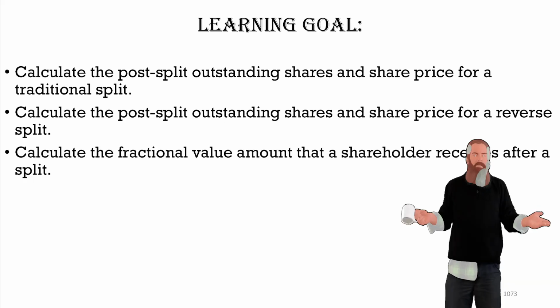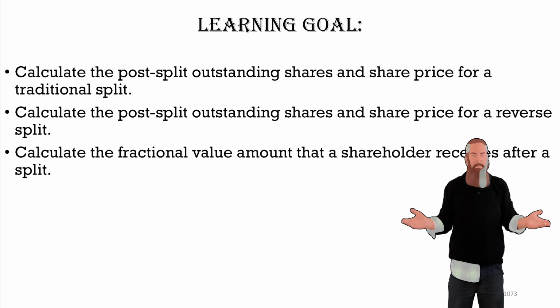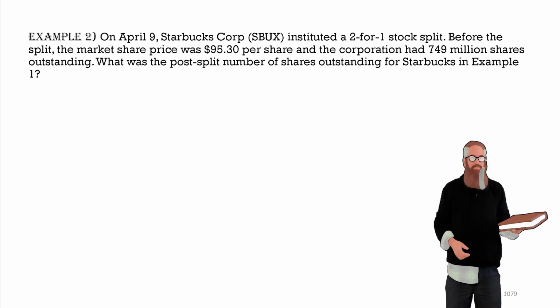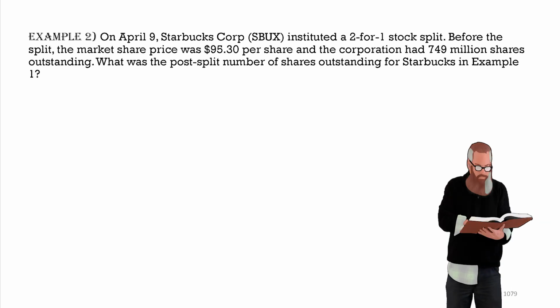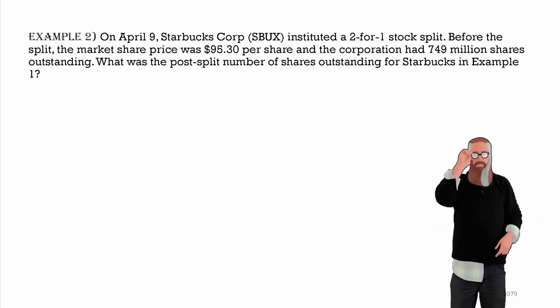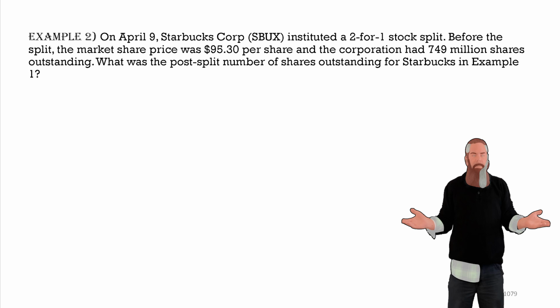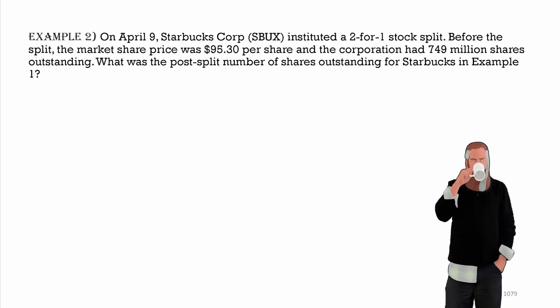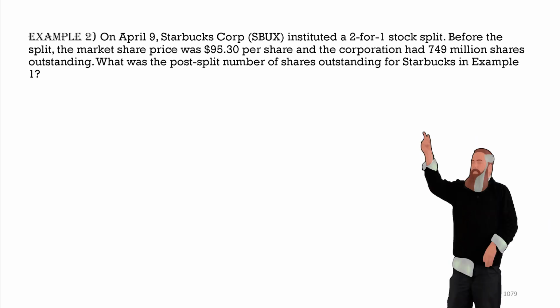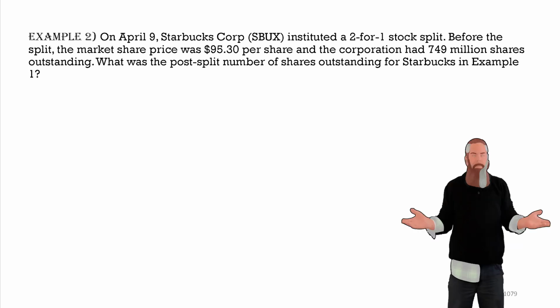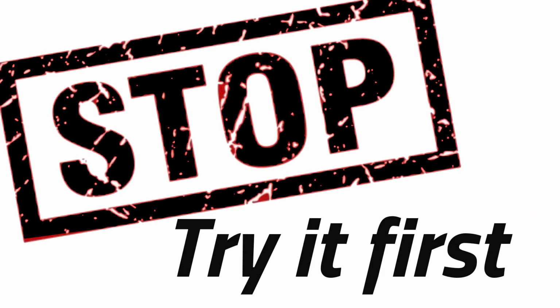Now let's calculate the post-split outstanding shares and share prices for a split. On April 9th, Starbucks instituted a 2-for-1 stock split. Before the split, the market share was $93.50, and the corporation had 749 million shares outstanding. What was the post-split number of shares outstanding for Starbucks from example 1?